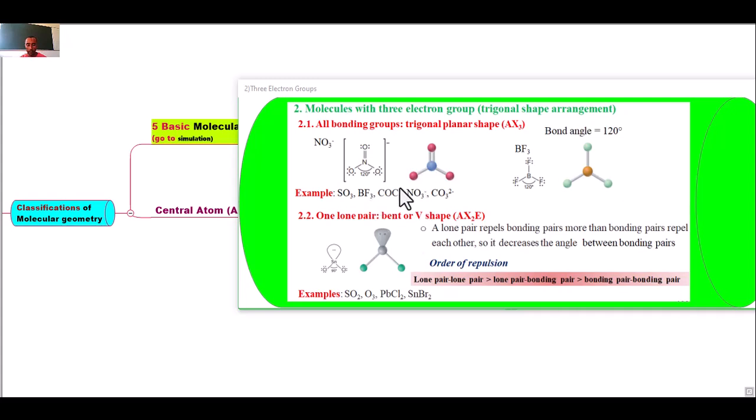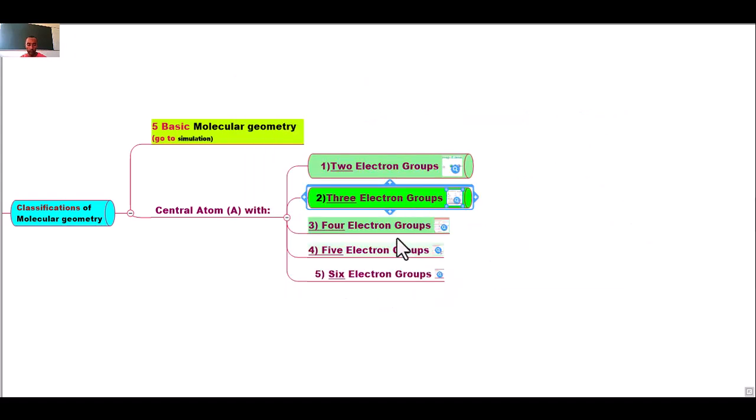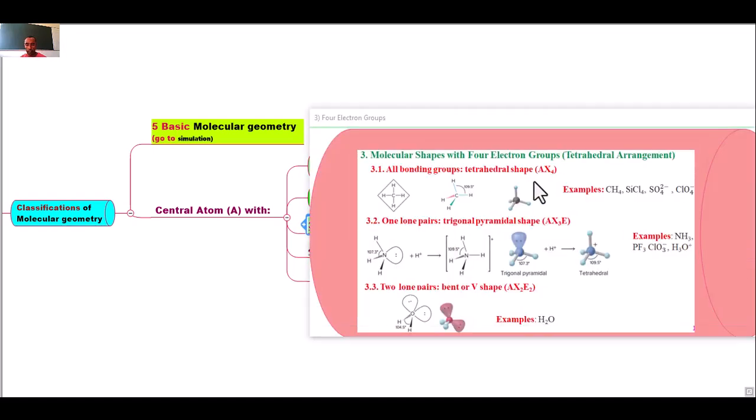But if the central atom is surrounded by 2 atoms and there is one lone pair at the central atom, this type of molecular structure is called bent or V-shaped. You can consider these examples. Another is a central atom with 4 electron groups. You may obtain the AX4 form, the AX3E form, or the AX2E2 form.